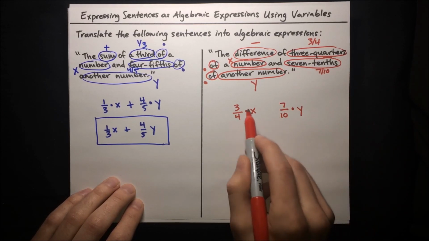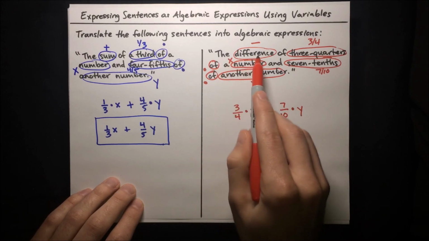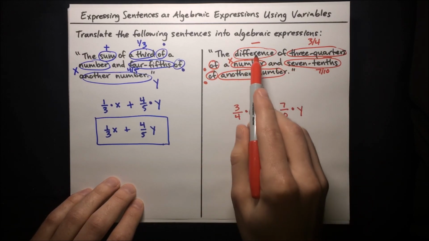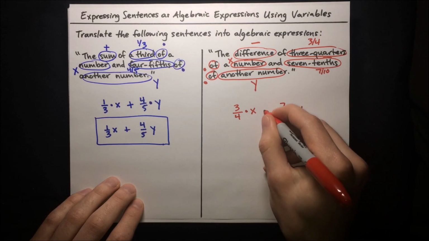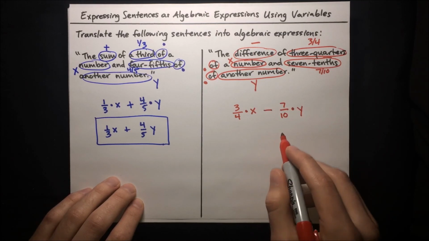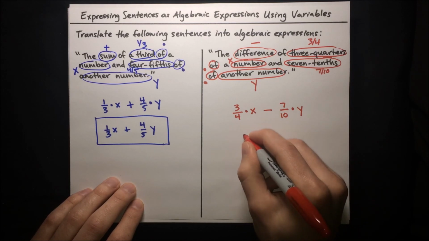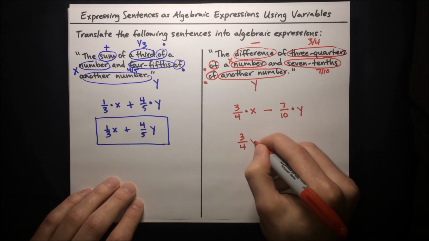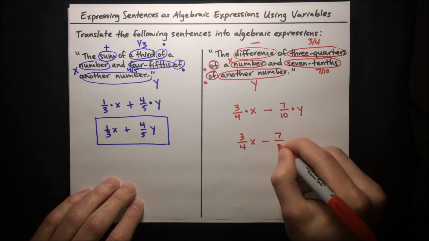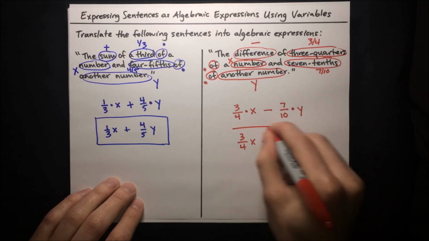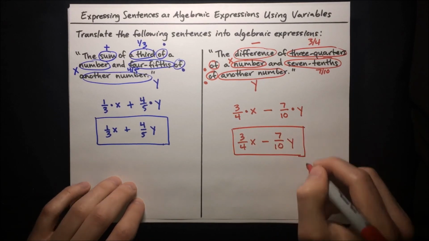And what are we doing to these two entities? Well, we're taking the difference of them. So difference, that's subtraction, so put a minus sign between them. So the result then, using algebra shorthand, we will get rid of the dots here and just write 3/4 x minus 7/10 y. And there we go, that's it.